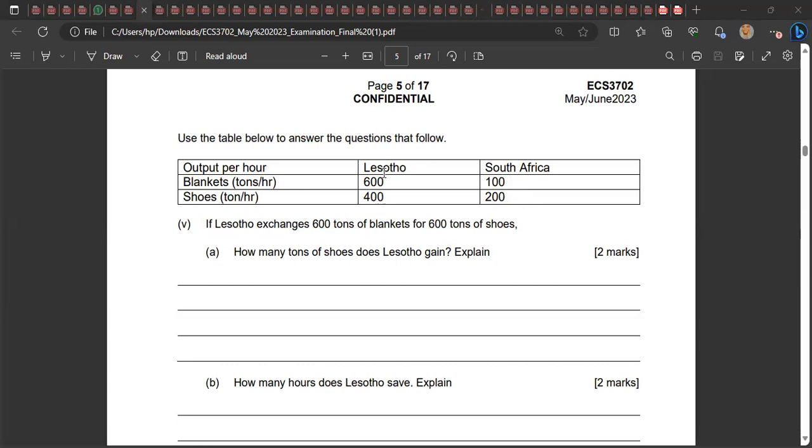So Lesotho must have a comparative advantage in the production of blankets, right? And if Lesotho has a comparative advantage in blankets, then South Africa has a comparative advantage in the production of shoes. They always oppose each other, right? So that's one way you can do that.